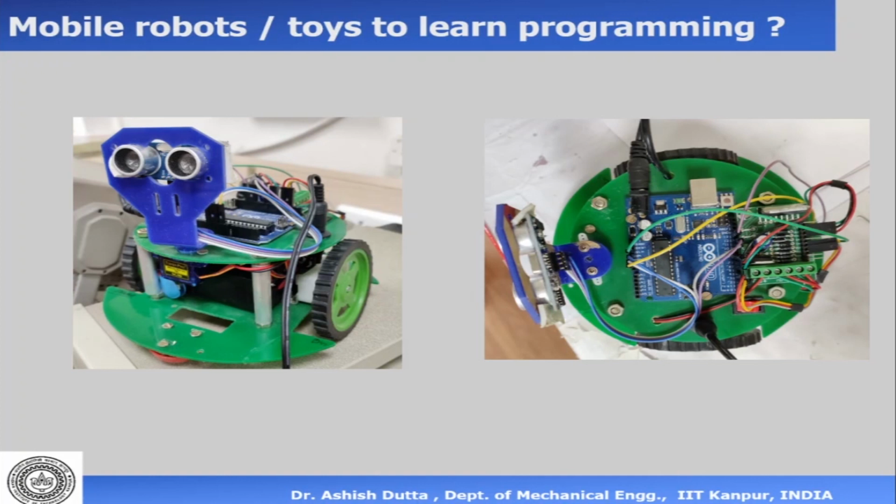Because of the lowering cost of electronic components, it's very easy and very cheap to make this kind of mobile robot. For example, a microcontroller like this Arduino would be very cheap, about 500, 600 rupees, and you can do very good programming using this kind of microcontroller. Again, sensors like the ultrasonic sensor here and DC motors are pretty cheap these days.